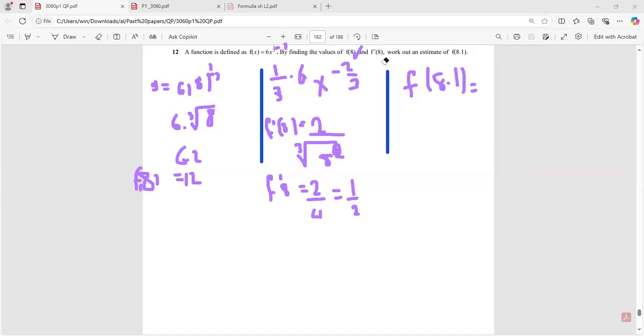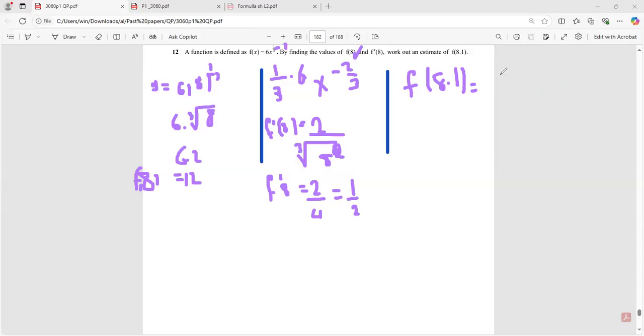Okay, so f(8.1) will be equal to, so we are going to put 8.1 instead of x.